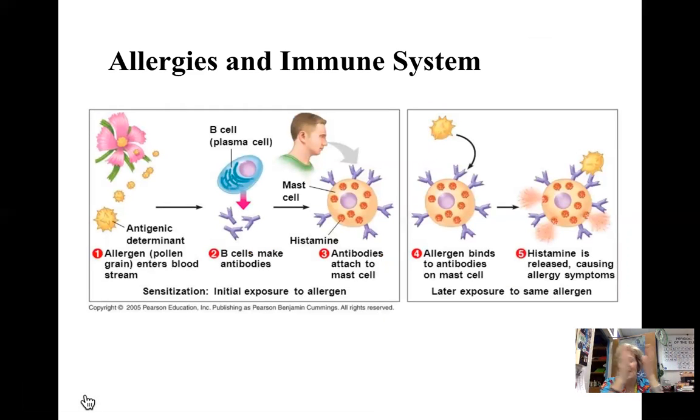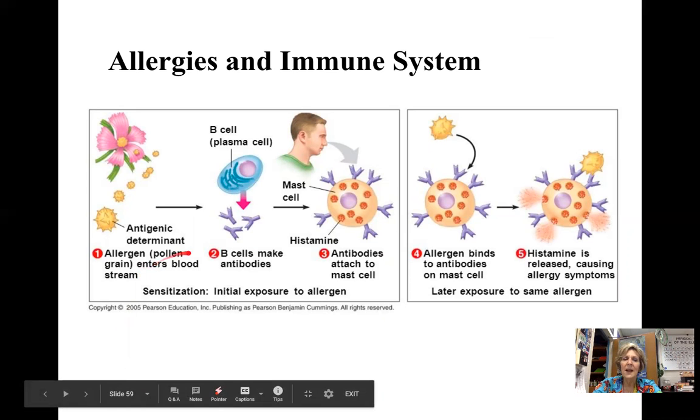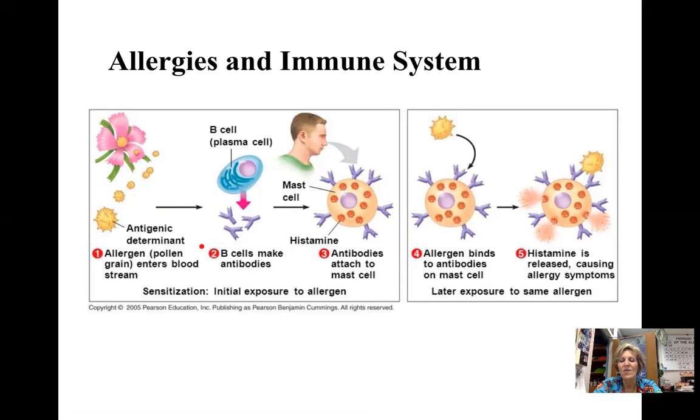But sometimes our immune system reacts to things that it shouldn't. And there are two specific examples of that: allergies and autoimmune diseases. So in an allergy, what happens is that you have these cells that are responding to things that are not pathogens, like pollen.